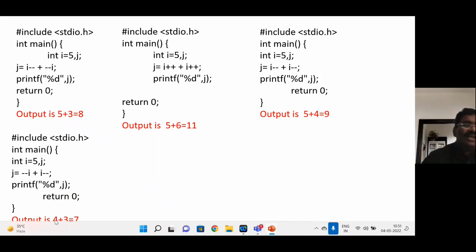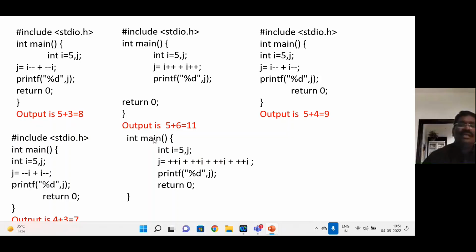And here we take the value 4. So it is 3 plus 4, and you are getting 7. The reverse I have to write: 3 plus 4. Instead of that, I wrote 4 plus 3. Okay.